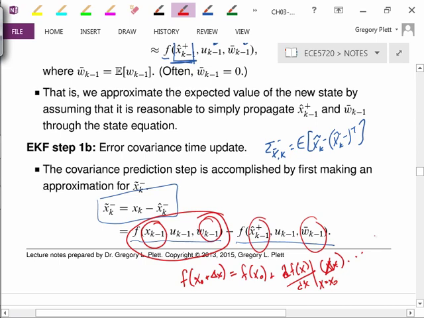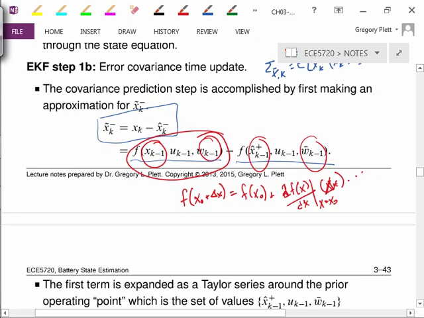So you can look that up in your math book to double check, but we're going to do that with this first term on the next page.